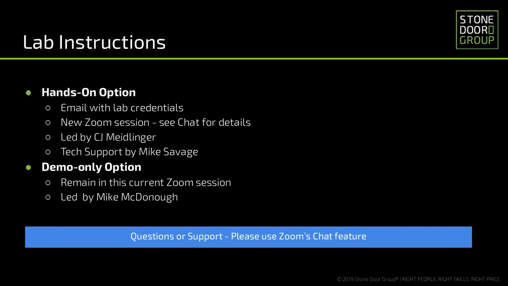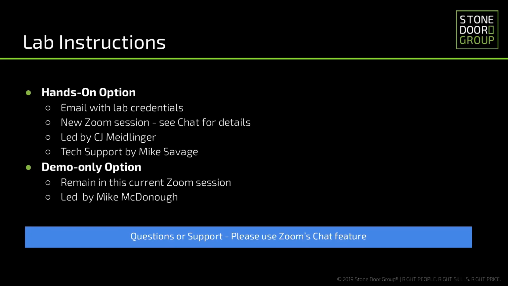What we want to do now is go ahead and transition everybody to the lab environment. As we had mentioned earlier, we've got 2 different groups we're going to break everybody out into. Those of you who elected the hands-on lab, you should have received credentials in an email. And you will also see a new Zoom call and the chat feature coming up. Everybody participating in the hands-on lab, you can leave this Zoom and join the new Zoom information.